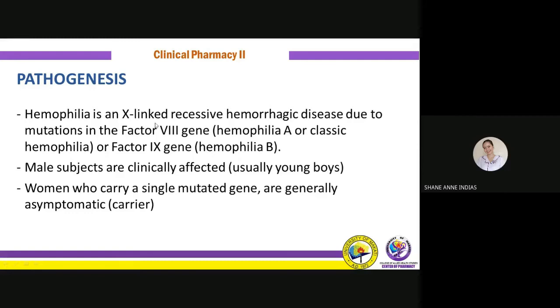And since it is an X-linked recessive bleeding disorder, the most affected are males, usually young boys, because the gene is affected. So, when they are still young boys, they are already affected. And women who carry a single mutated gene are generally asymptomatic. So the women are just carriers.